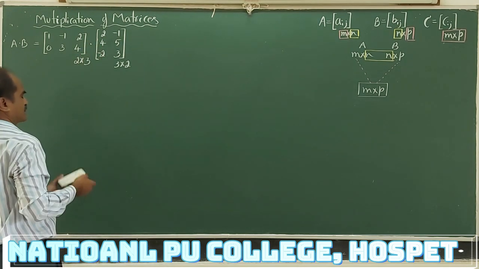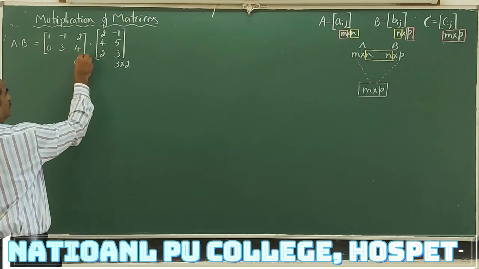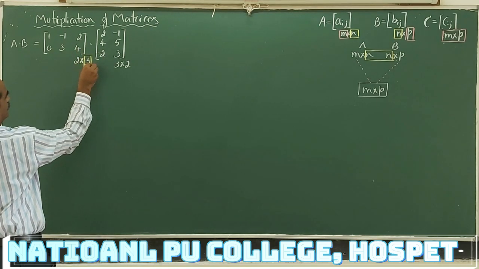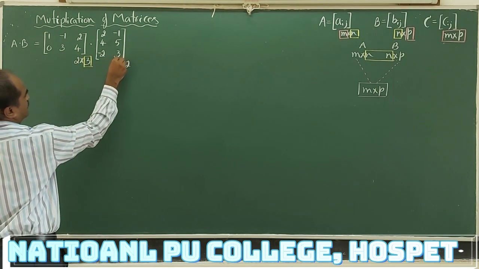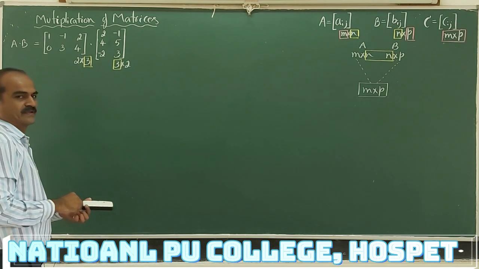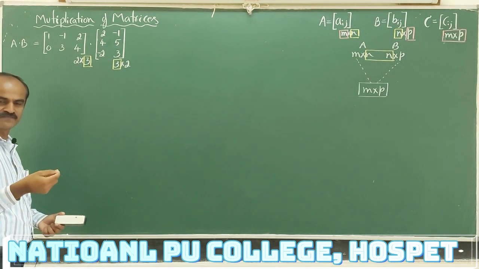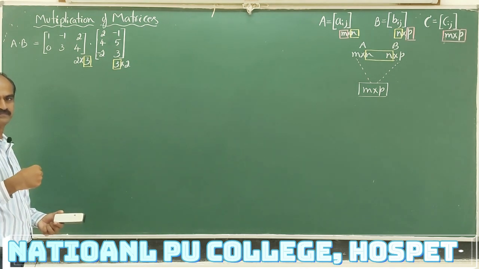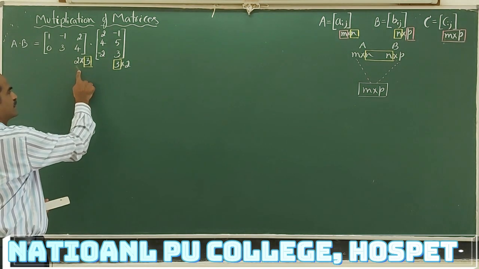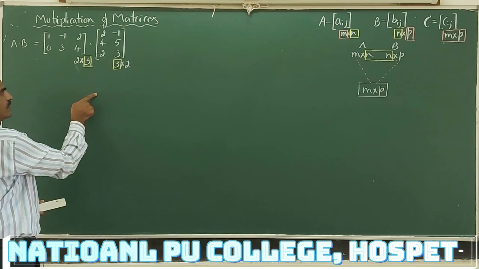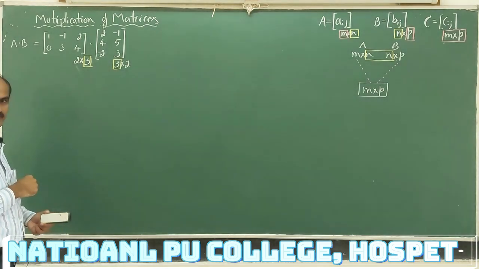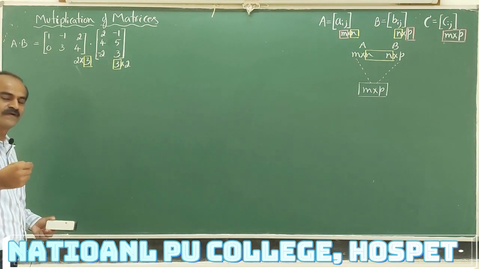As the number of columns of the first matrix is the same as the number of rows of the second matrix, multiplication is defined, the product is defined. What is the order of the resulting matrix? You are going to get 2 by 2. Let us see what is the procedure of finding their product.